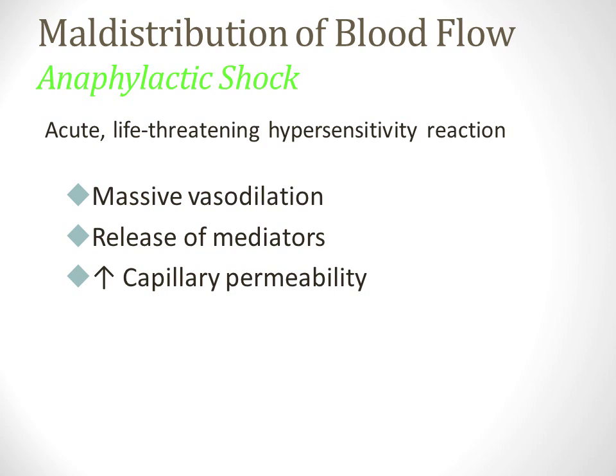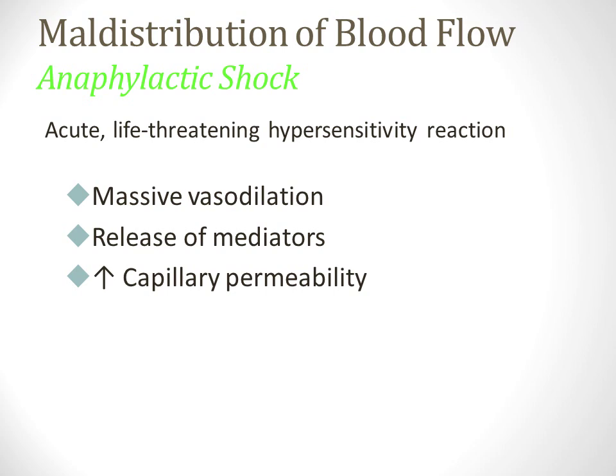cytokines are produced, and we are changing the permeability of the vessels. We are causing massive vasodilation. So we have vascular wall cells that are allowing fluid to leak into the interstitial space.